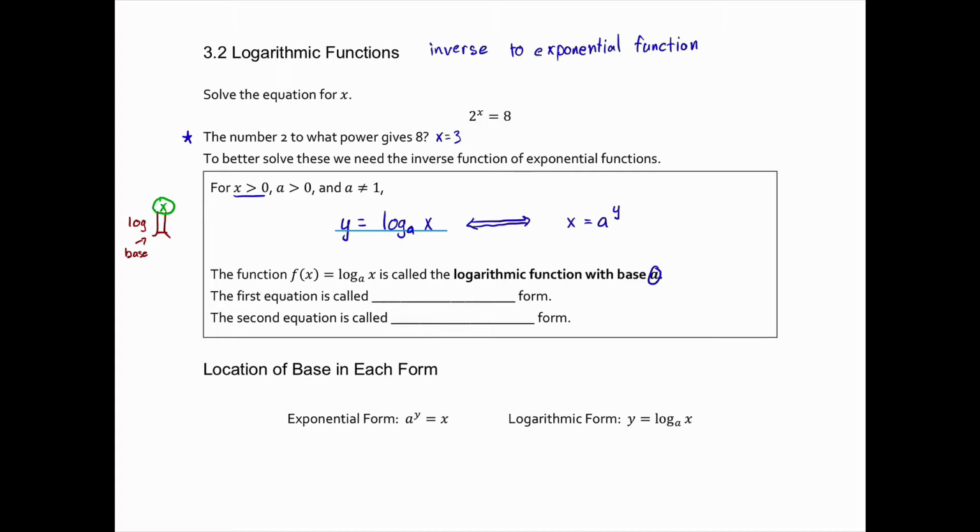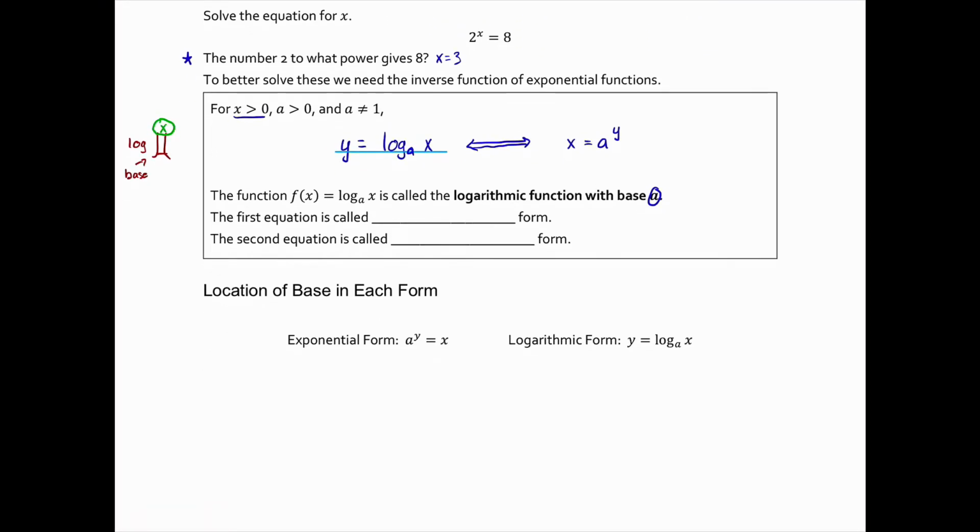So you can see a switching between the variables that is closest to the base, and that's going to help us switch between them. So let's go ahead and formalize this down below. As mentioned, the first equation is referred to as the logarithmic form. And the second equation, because it has an exponent, is the exponential form.